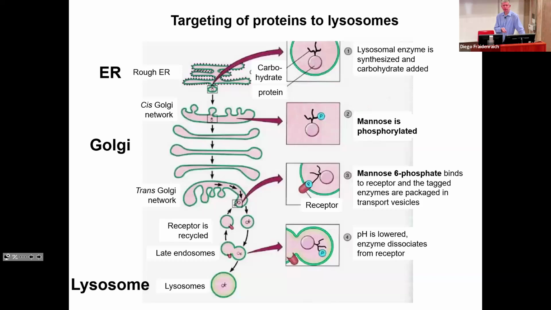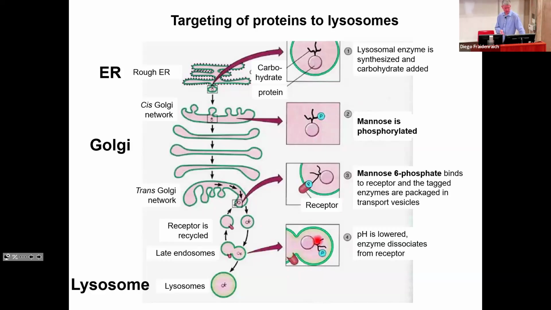The sugar is modified by phosphorylation, so a phosphate group is attached, and that modification is recognized by a receptor in the trans-Golgi network, this phosphorylated mannose. And that helps to get this protein to the lysosome.